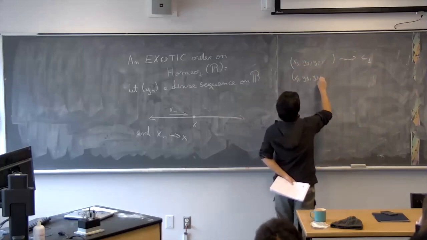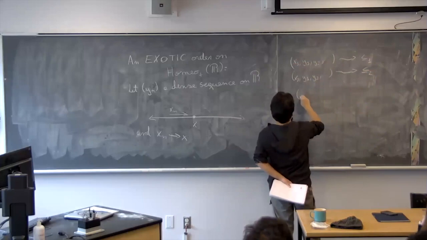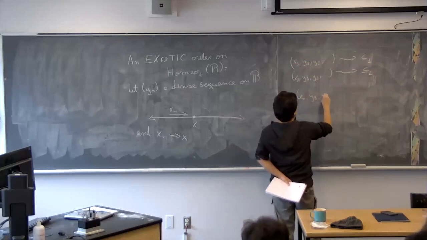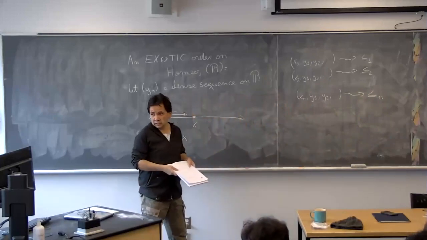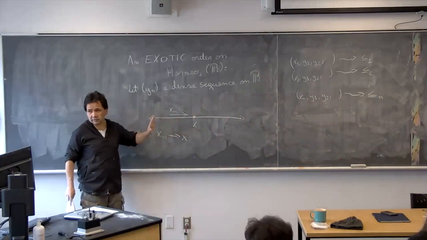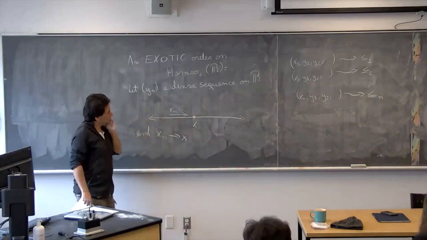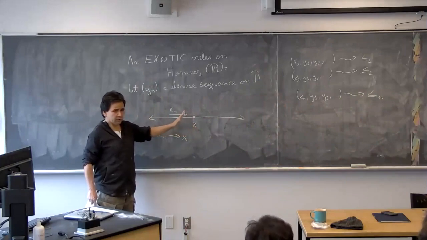Now you take another sequence and you get another order, and so on. So you take x_n, y1, y2, and so on, where x_n is another sequence that converges to some point x. What we will see is that the explosion at x produces some kind of mysterious order.